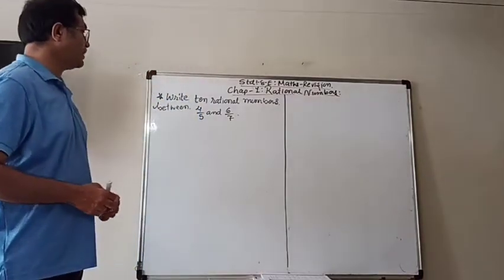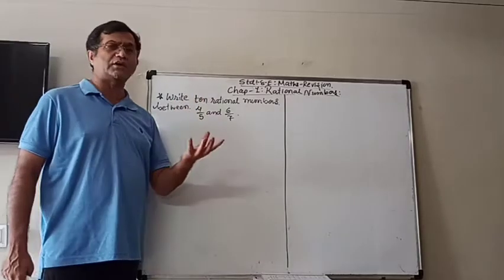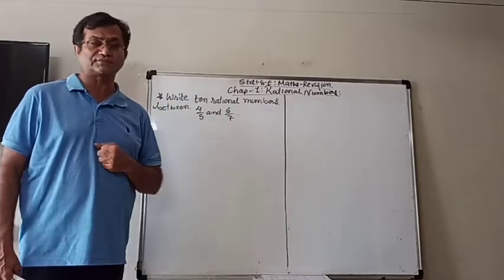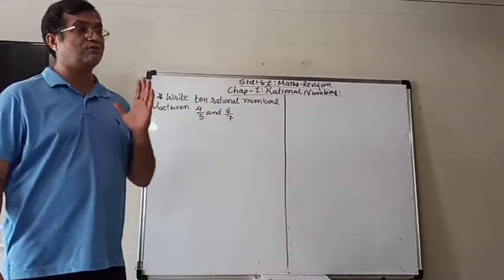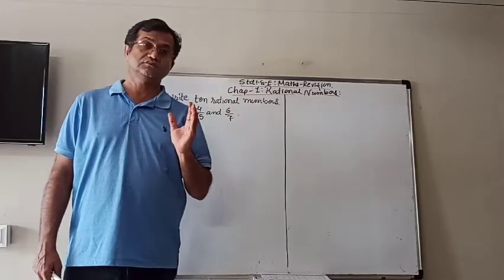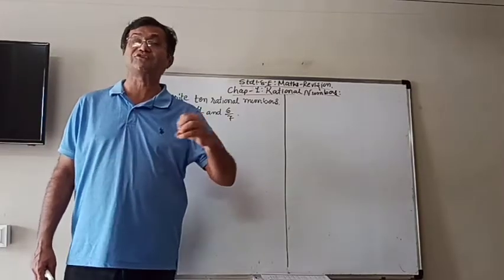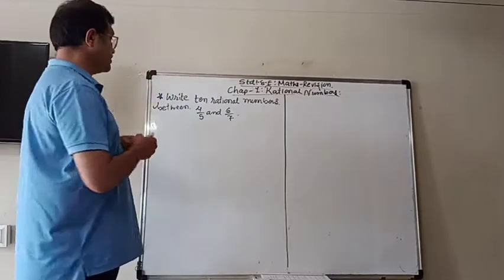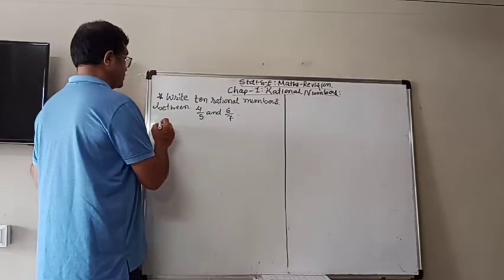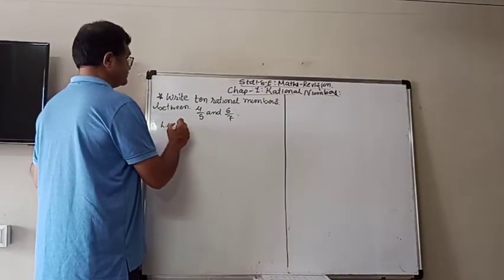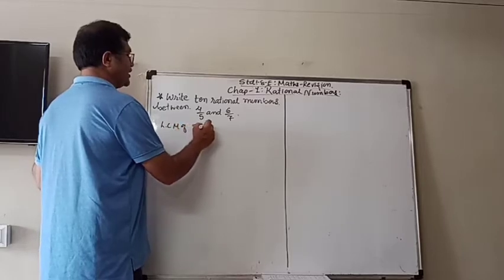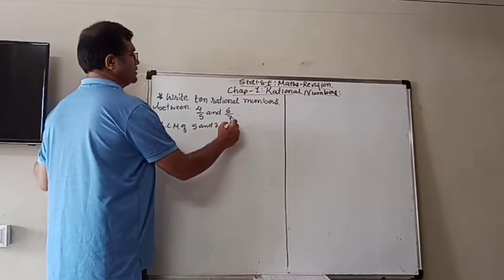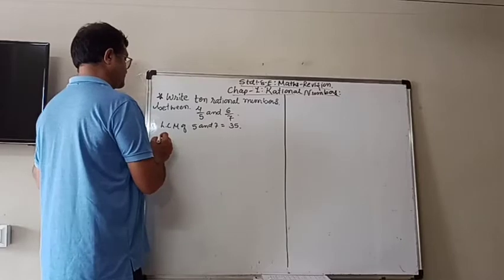So when we have to find any number of rational numbers between two numbers, first of all we have to make them with equal denominator, with like fractions. So now the LCM of 5 and 7 is 35.